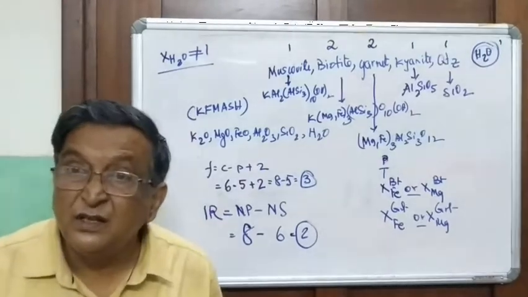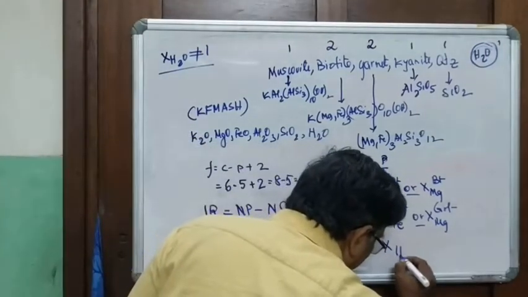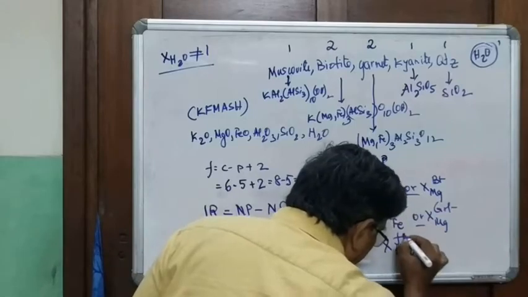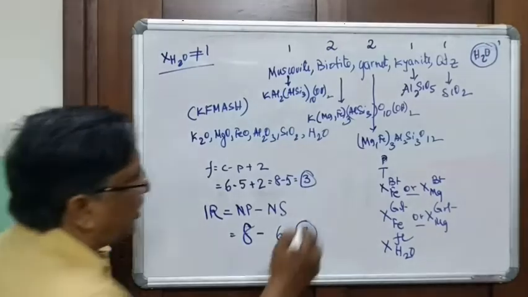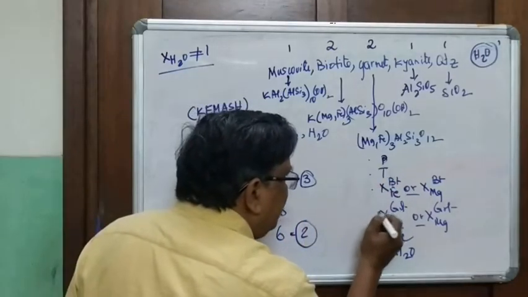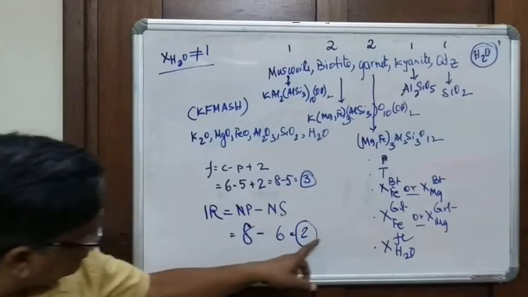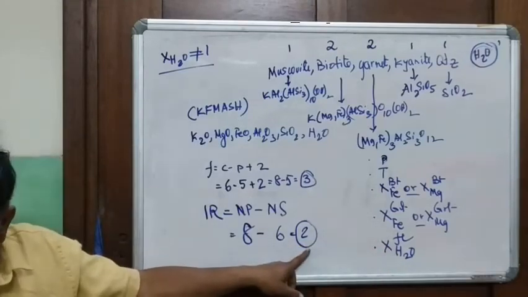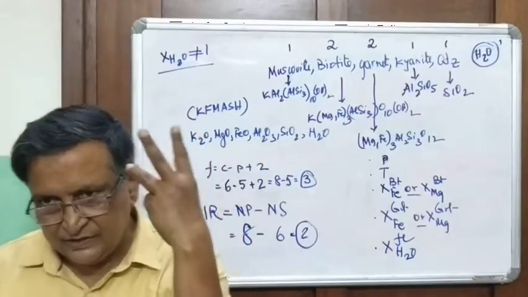Did I miss something? Yes, I missed. Five variables. There you go. 1, 2, 3, 4, 5 variables. 5 variables minus 2 independent reactions, 3 variables unquantified.